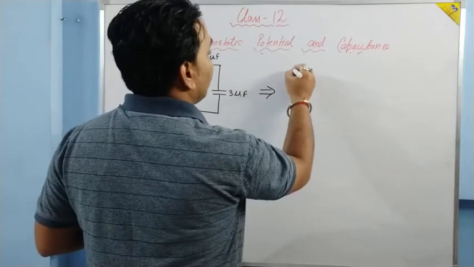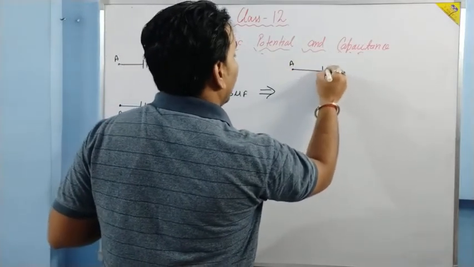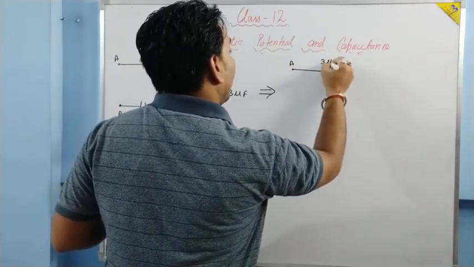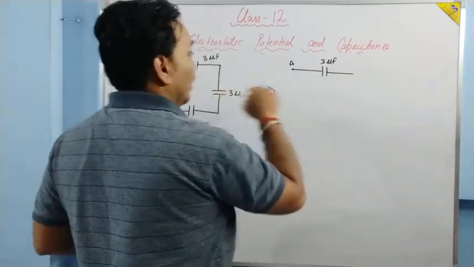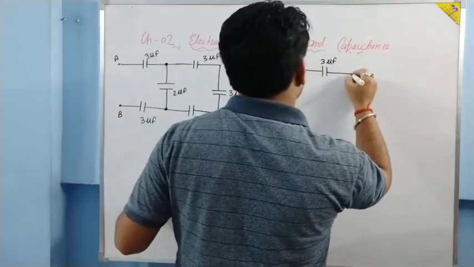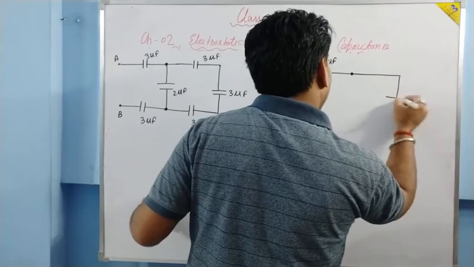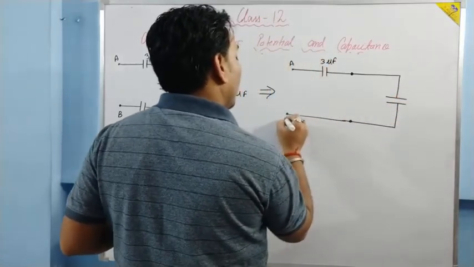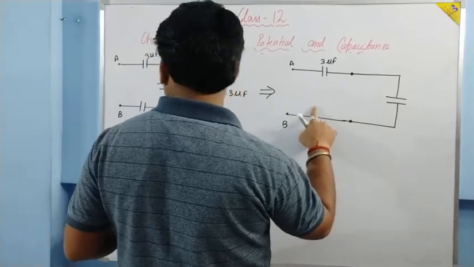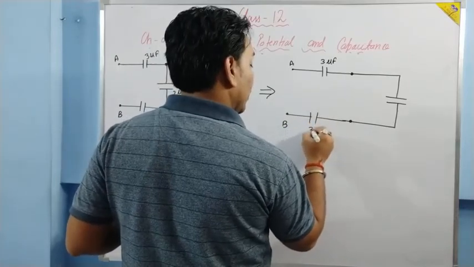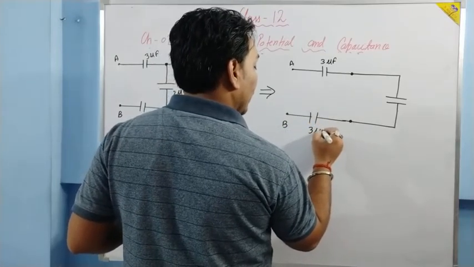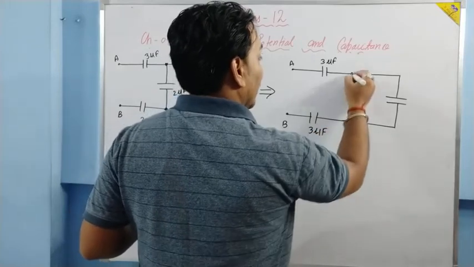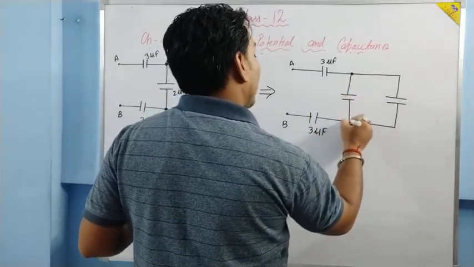Let us see. This is 3 microfarad, and then after, this is the junction. Now just tell me, what is the solution of the capacitor here also? Yes, it is 3 microfarad, right? 3 microfarad, and one capacitor is here. We have not solved it yet.